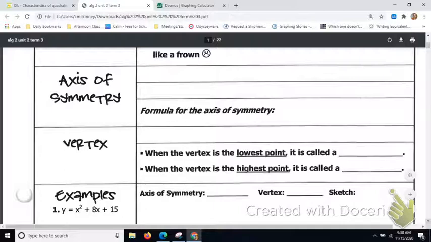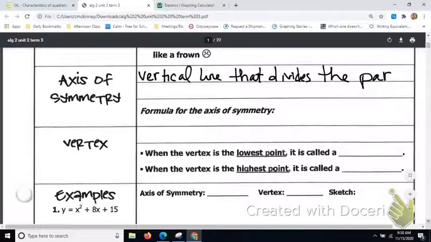All right, the axis of symmetry is going to be a vertical line that divides the parabola into two mirror images.